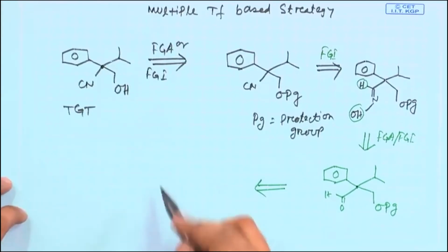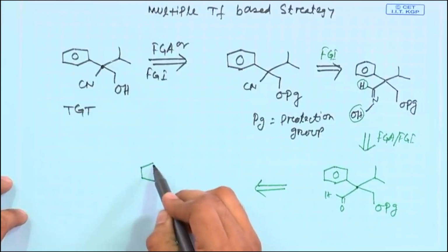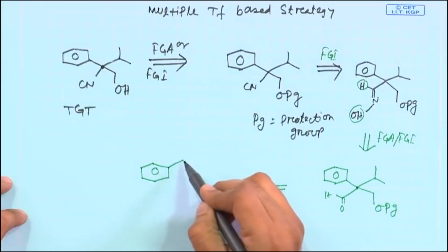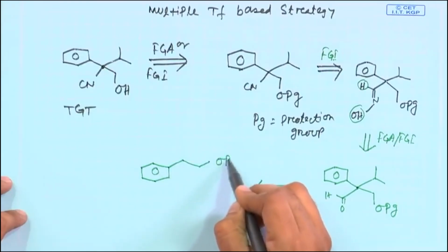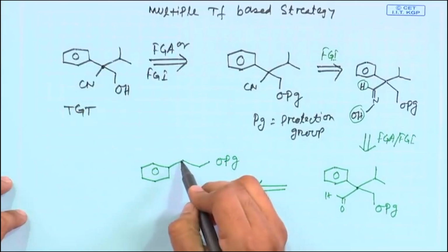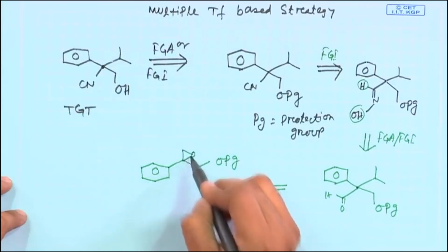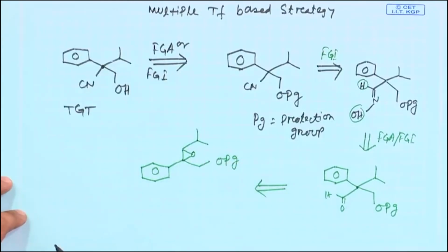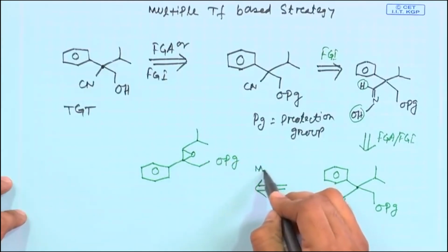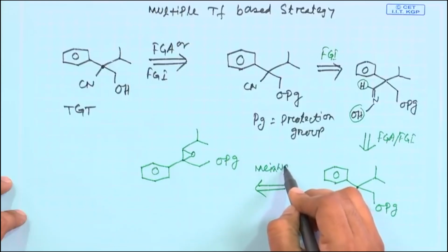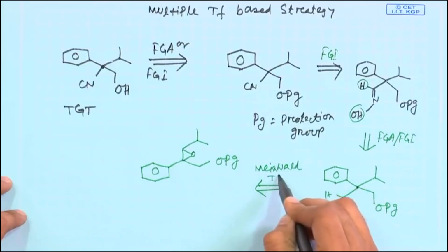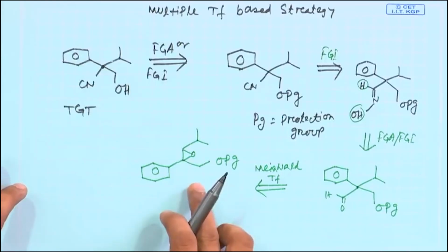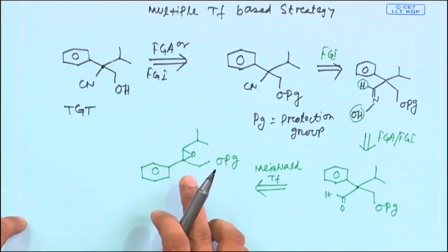The next retro was again based on a very conventional reaction which we discussed many times in our coursework. We said a Meinwald kind of rearrangement will give you this aldehyde. So, the Meinwald rearrangement was used as the main transformation. Now, you know the mechanism of the Meinwald rearrangement, and I am sure you can figure out how this transformation takes place.